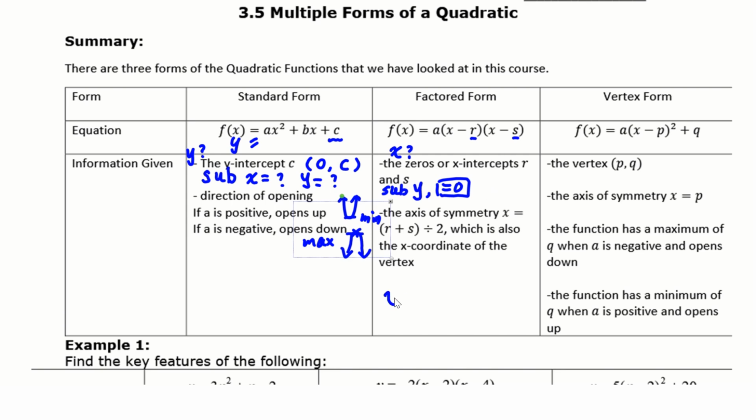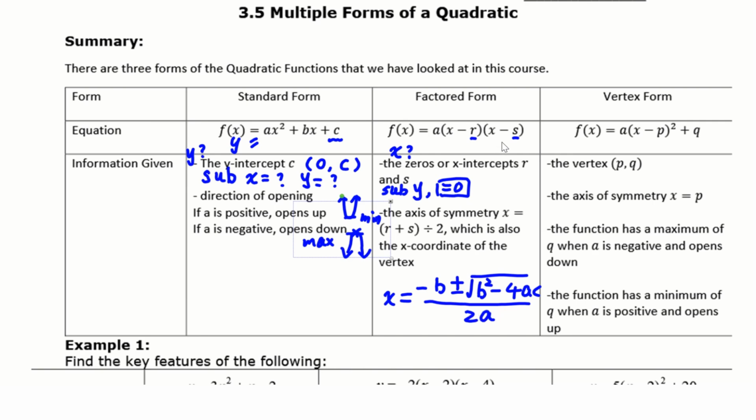The quadratic formula is x equals negative b plus or minus the square root of b squared minus 4ac, all over 2a. This is used when the equation is not factorable.